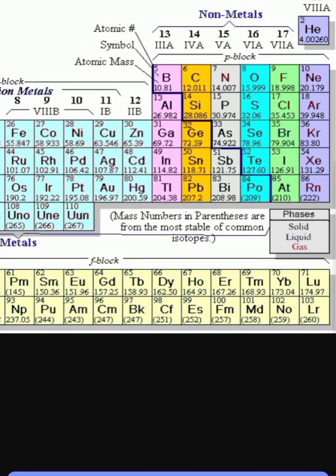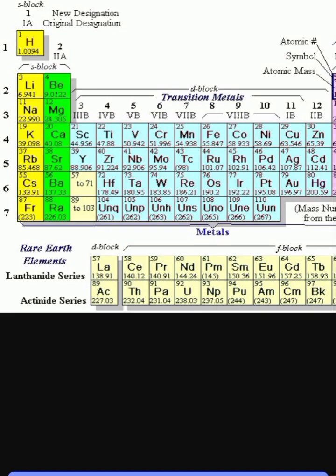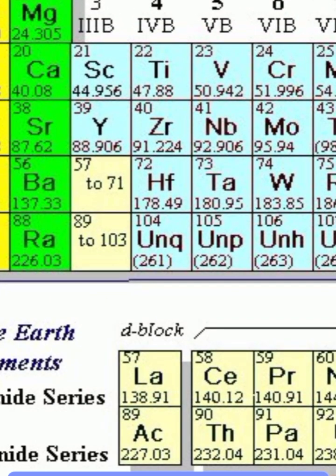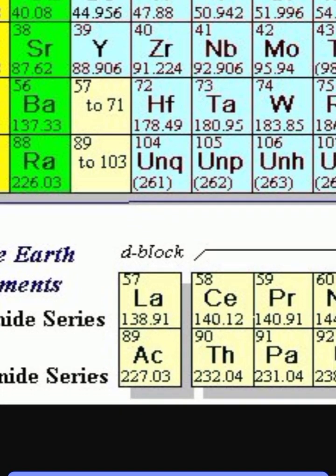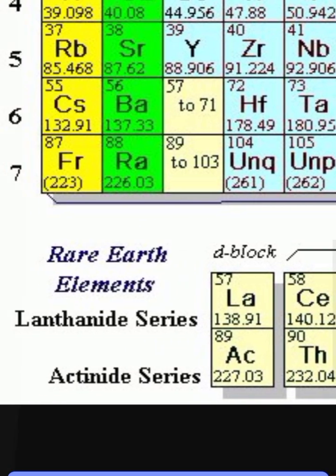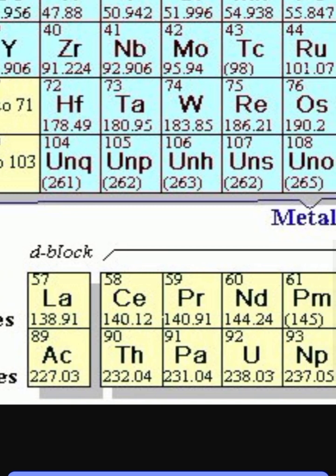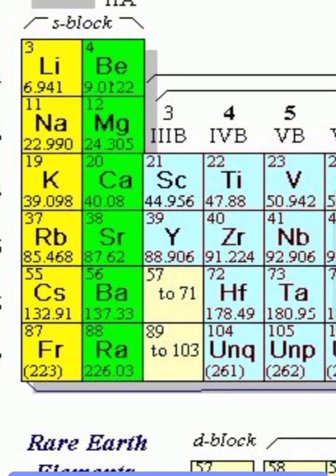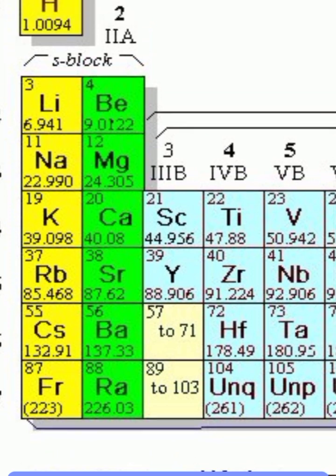So this part of the transition metals that joins the rare earth elements, 57 to 71 and 89, are part of the lanthanides and actinides. That's why they use other colors to write them. These colors just tell you the particular elements in each group.